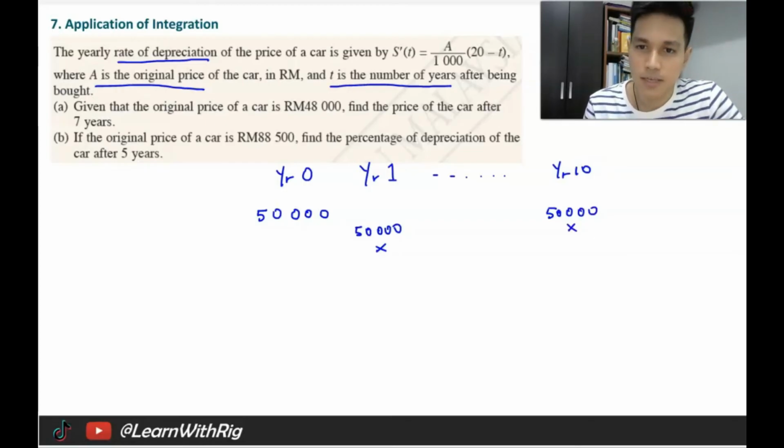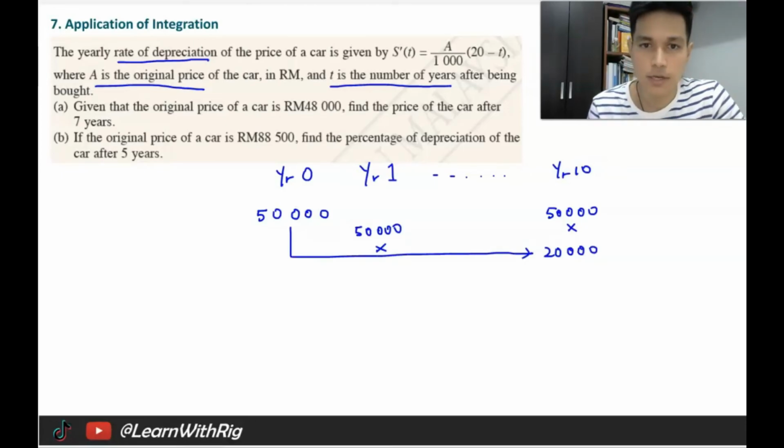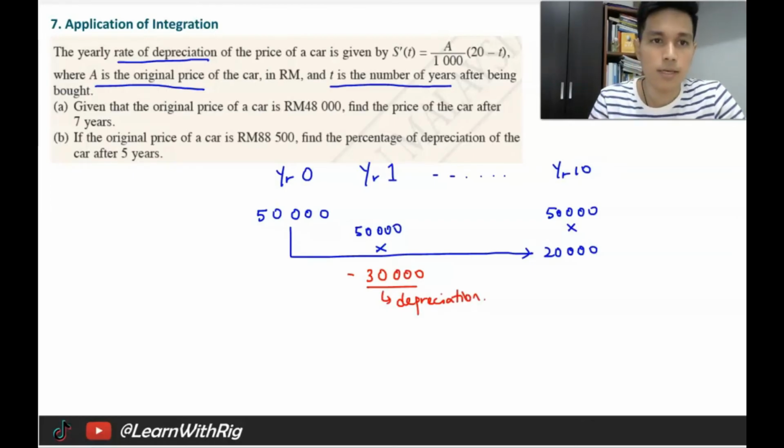So you probably will sell at, let's say, 20k. From 50k, it went to 20k. It means the value has dropped by 30k, correct? You lost $30,000 in value on the car. This is what we call depreciation.